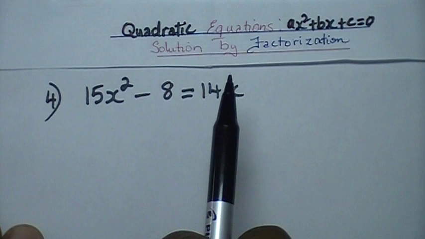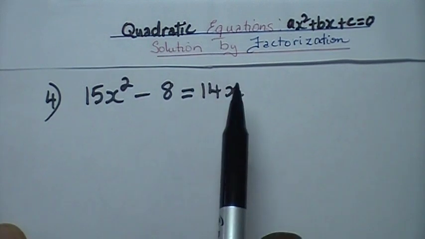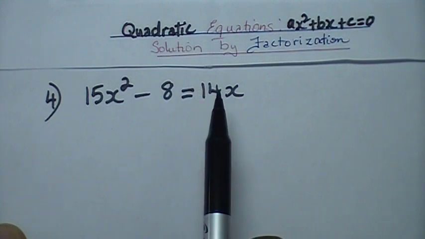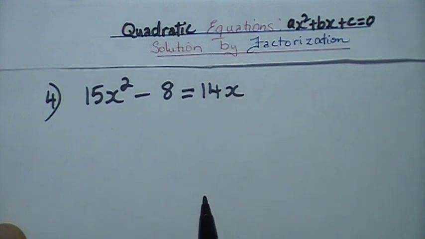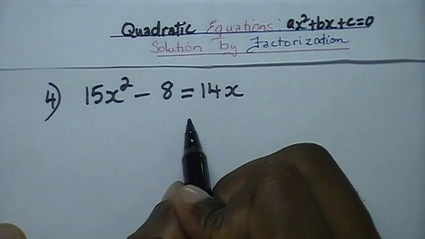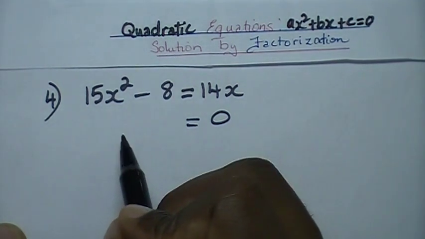Okay, so what are we going to do? Well, what we can do is subtract this 14x. It's positive 14x, so in order to get rid of it, we need to use negative 14x, in other words, to subtract it. Subtracting 14x on this side will give us 0 on this side.